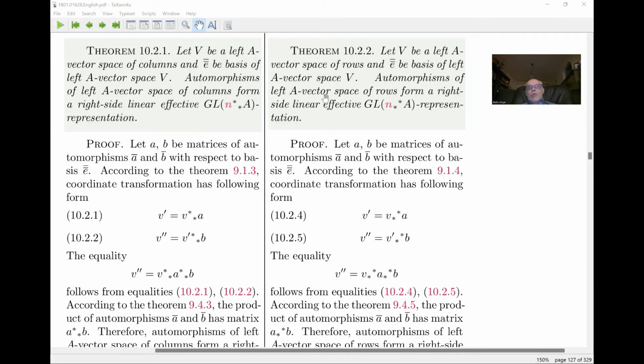Automorphisms of left vector space of rows form a right-side linear effective representation of group GL(RC, A).